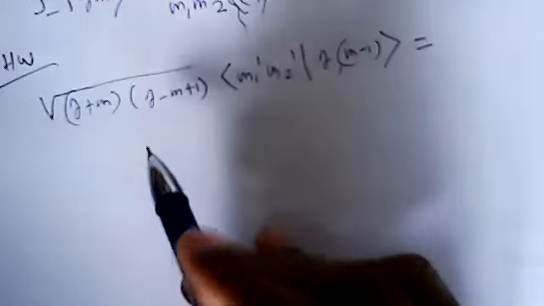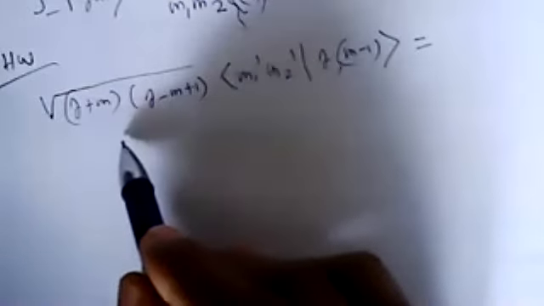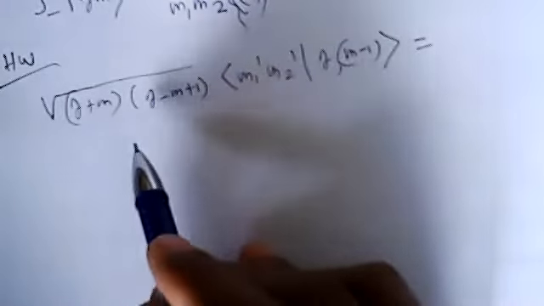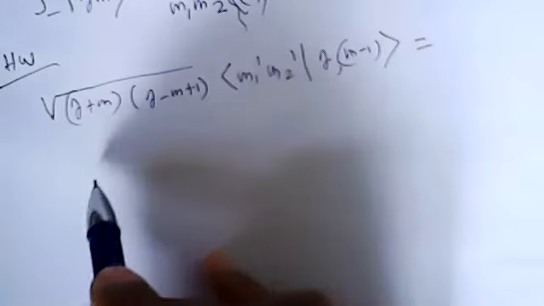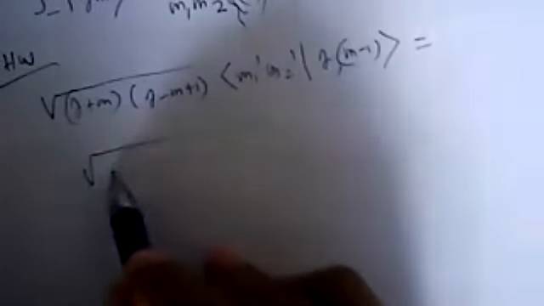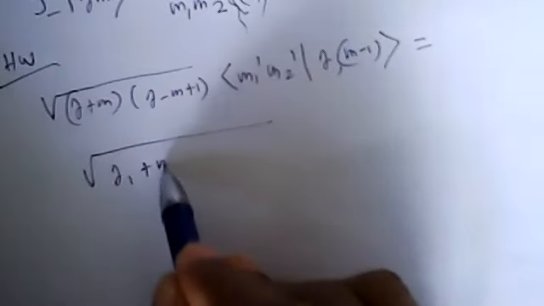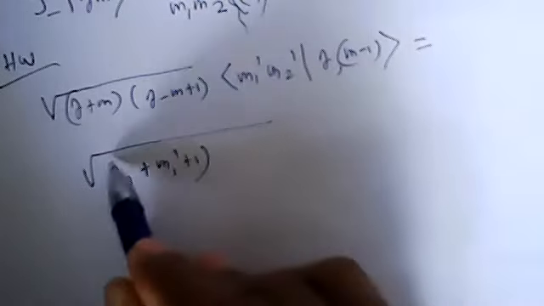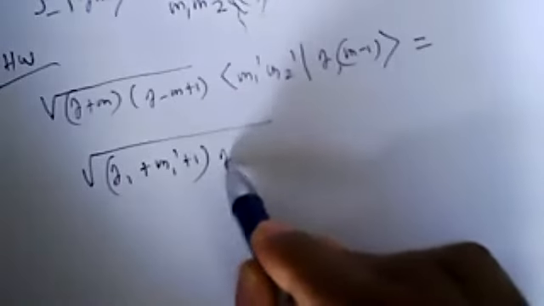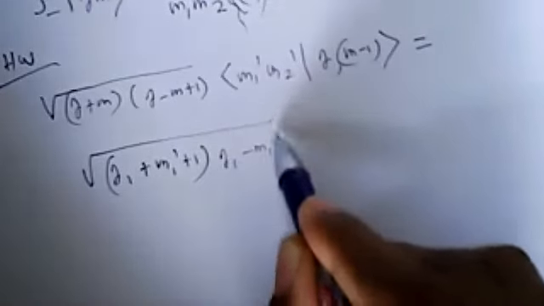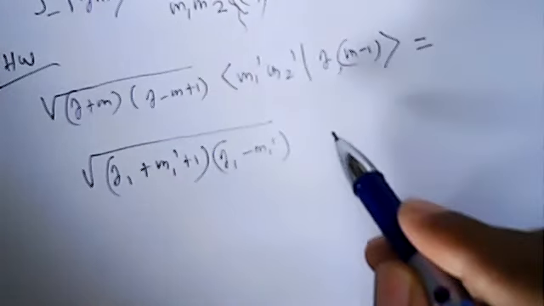You will get the right side as root of j1 plus m1 dash plus 1, then j1 minus m1 dash.